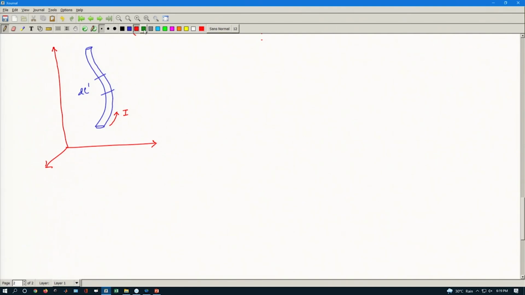The amount of magnetic field that is produced will follow a certain law.